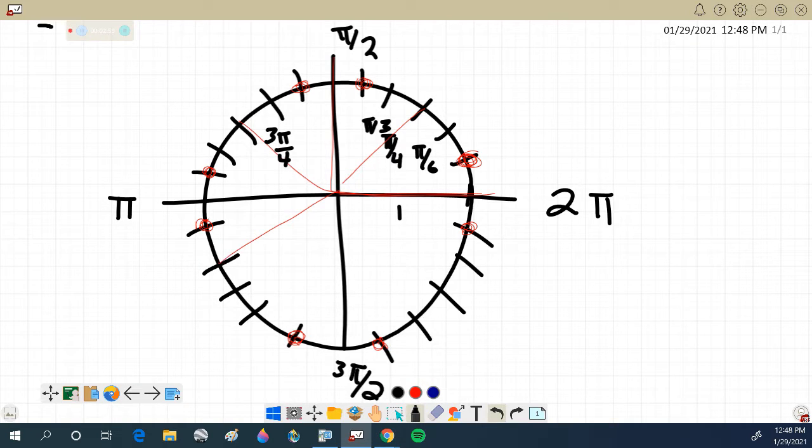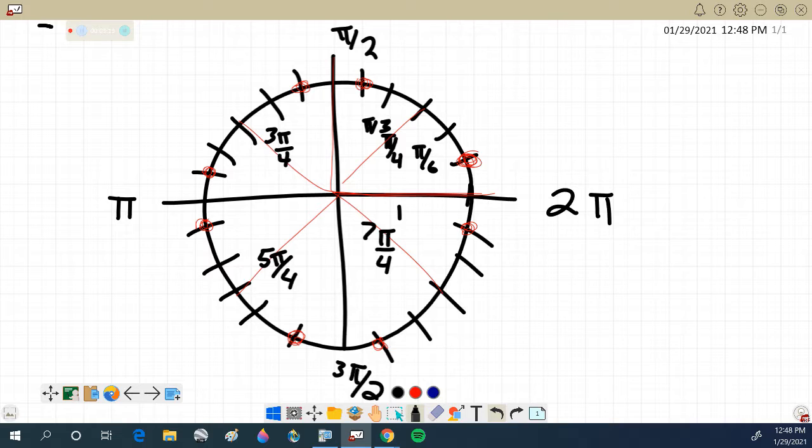What would this one be? 5 over 4. And what would this one be? 7 over 4.